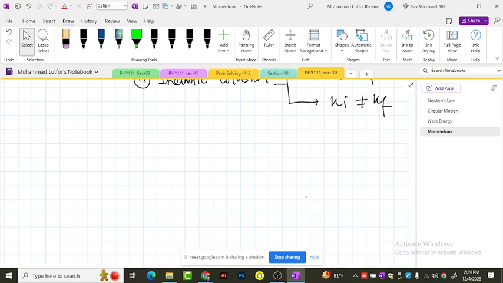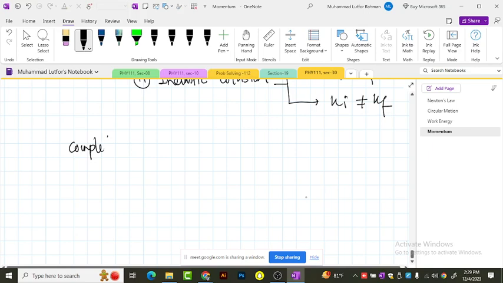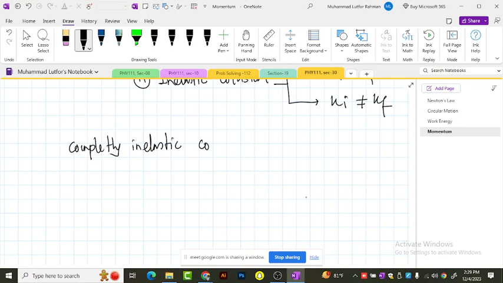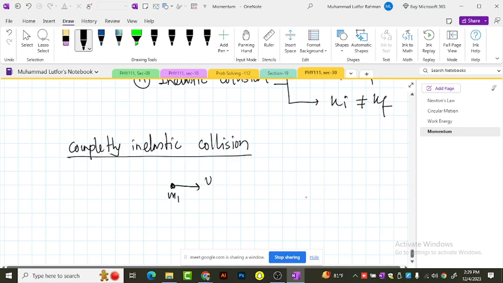There is one more collision we define, which is the completely inelastic collision. It happens when two systems interact and, after the interaction, stick together, so they move with a common velocity.